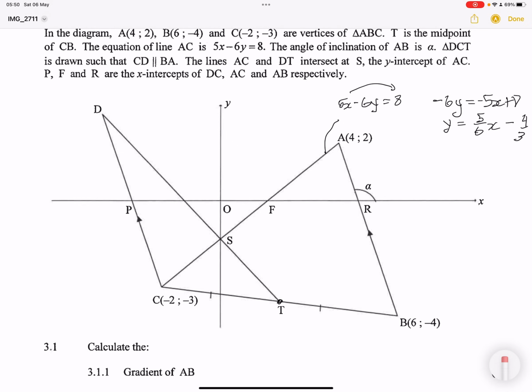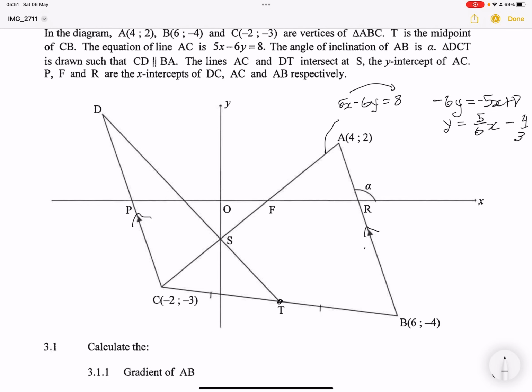So we know that the gradients of these two lines, which they've indicated to us, should be equal. They say the lines AC and DC intersect at S, and the y-intercept of AC. They say P, F and R are the x-intercepts of DC, AC, and AB, respectively.